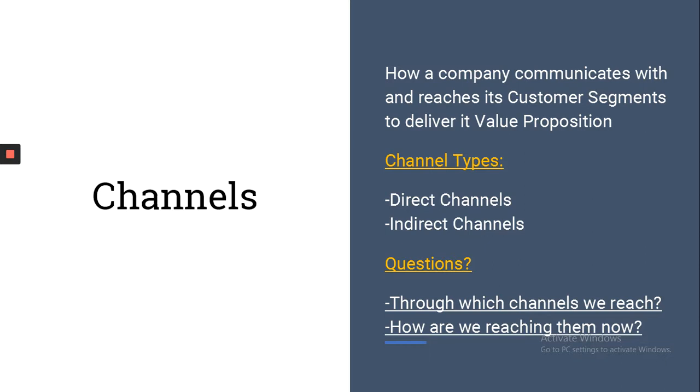So if you have your own website and you tell people to go to this website, you are using the direct channels to reach your target customers. At the same time, in indirect channels, you put your products on Amazon or any other e-commerce platform, so you use those platforms as selling points.